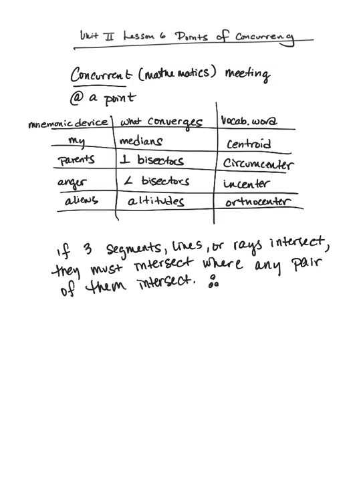Okay, therefore, we only need to do 2 constructions for each point of concurrency.